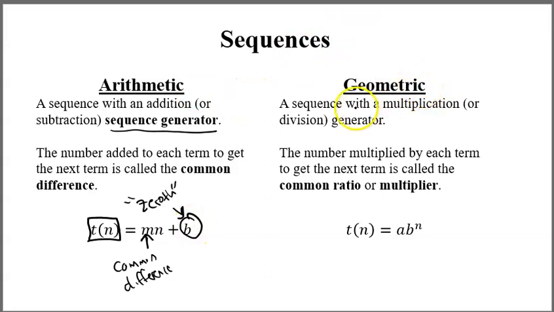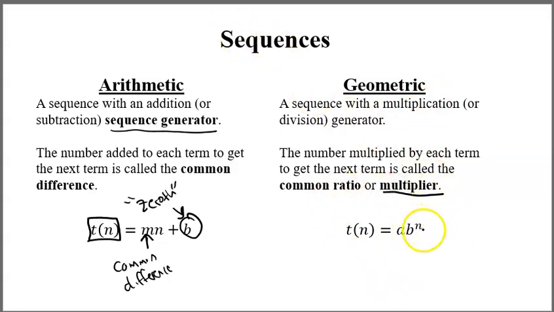Geometric sequences are sequences with a multiplication or division generator. So these are ones where I multiply or divide to get from one term to the next. The number multiplied by each term to get the next term is called the common ratio or multiplier. So I will be using this. And notice how with multiplication, this looks like an exponential function.